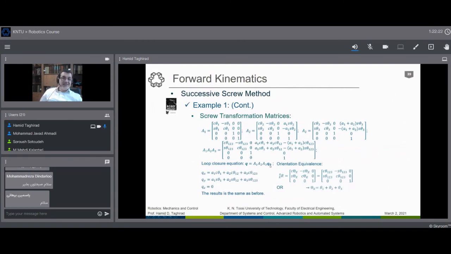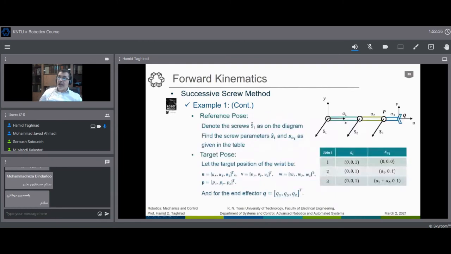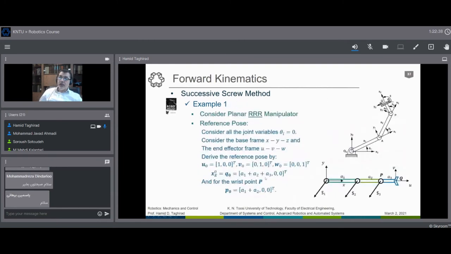This is basically a vector matrix loop closure. We have a loop closure equation in terms of a vector, which is equivalent to just having this multiplied by Q0. Here we have Q0, as you see, A1, A2, A3. Look at this point. This is very important.